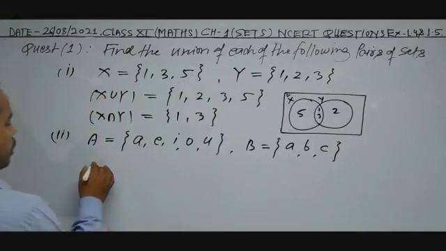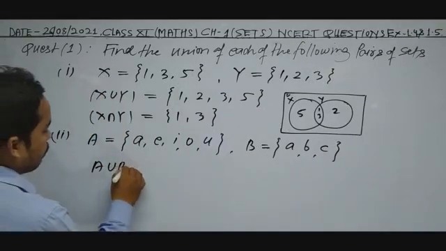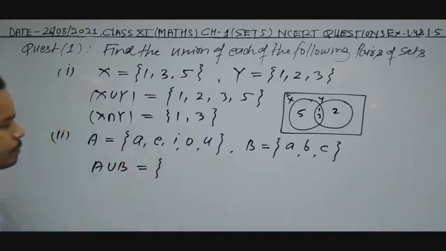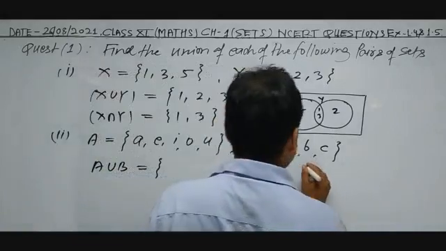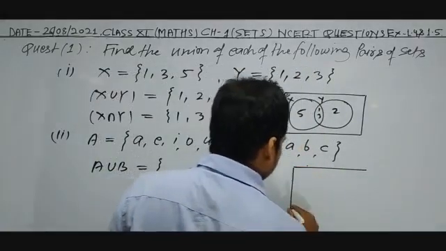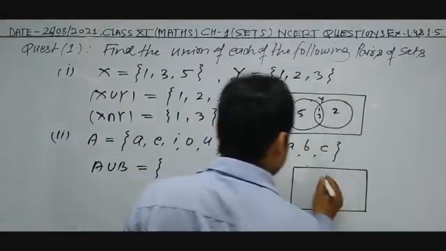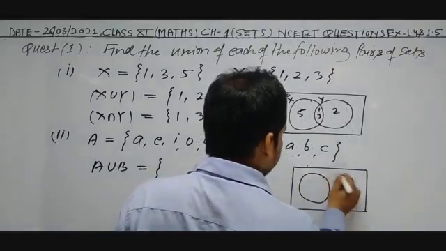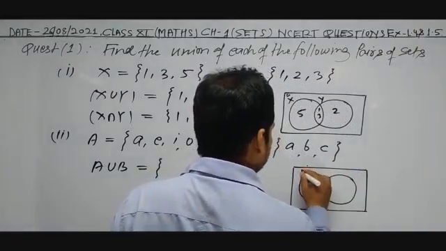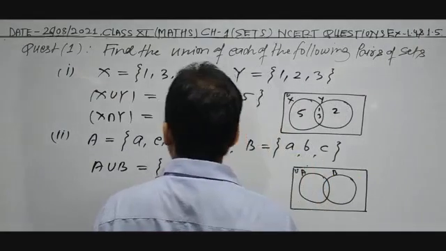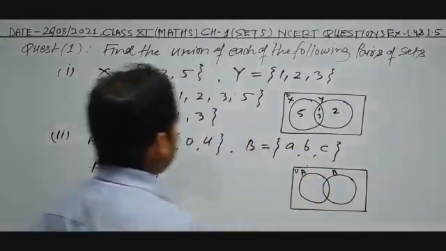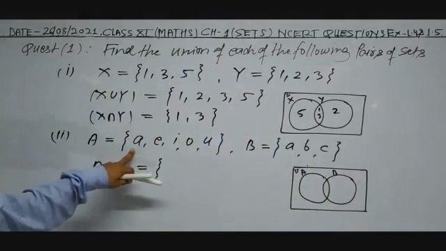Suppose we are going to find A union B, then the common element, we draw the Venn diagram again. Using a Venn diagram you can calculate easily. So set A, set B, and this is set U, the universal set. So A, E, I, O, U. Only A is common.